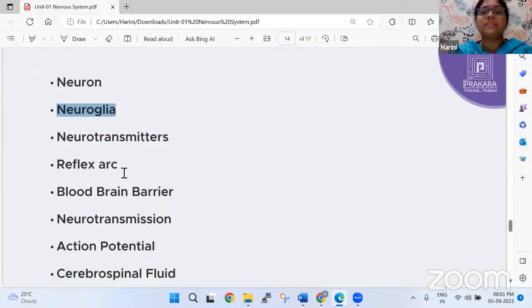So learn to define a neurotransmitter, then give examples of various neurotransmitters. The fourth one is the reflex arc, the involuntary action. Try to give the whole reflex arc, the pathway, how the arc starts and how it ends, and the various types of reflexes.